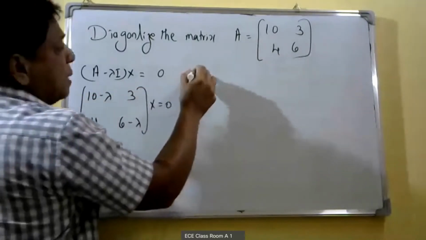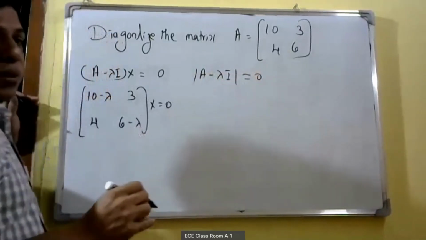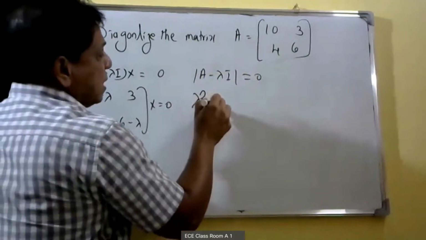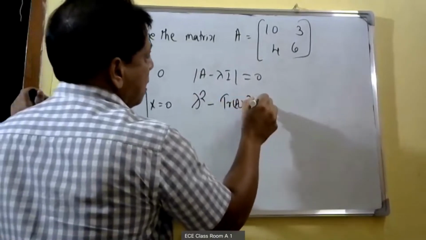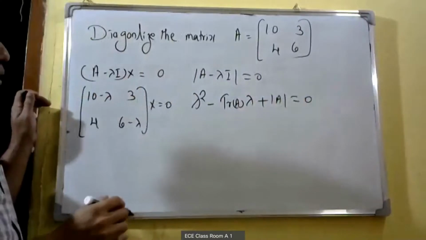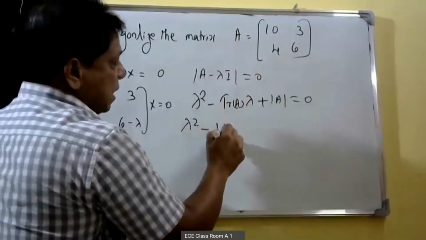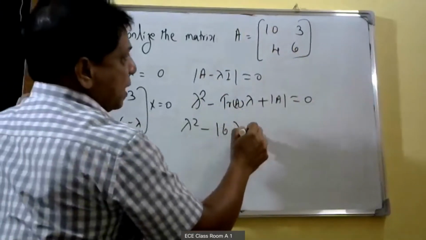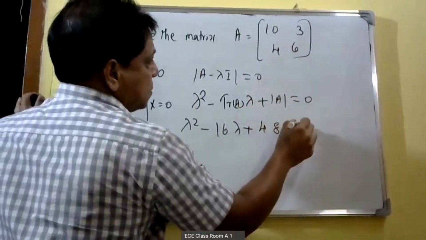Then determinant of (A minus lambda I) is equal to 0. The result is lambda squared minus trace of A into lambda plus determinant of A equals 0. The trace of A is 16, the sum of the diagonal elements, and determinant of A is 48.